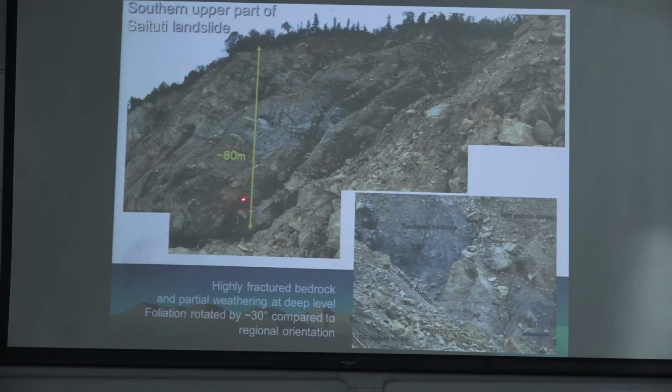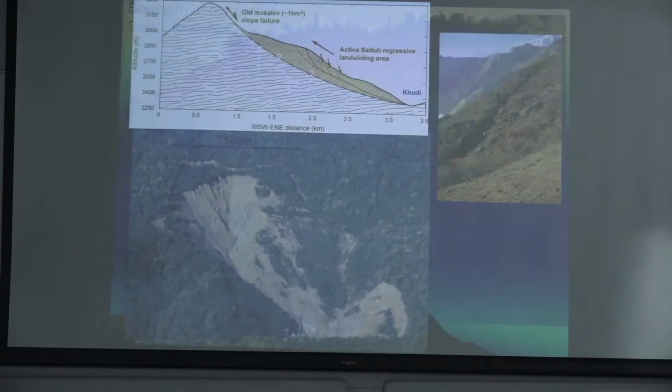And if you look at the foliation in that area, it has been rotated by 30 degrees relative to the normal regional orientation. So it seems that all that part has been sliding and rotating.